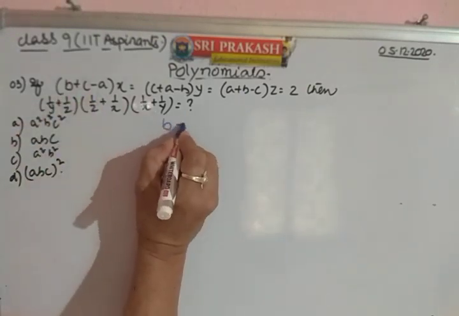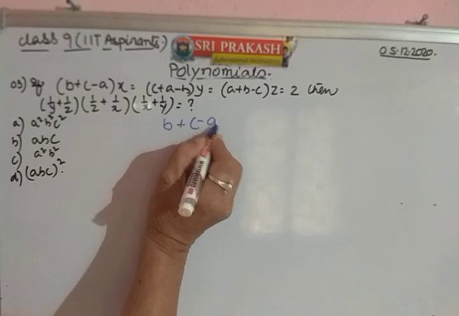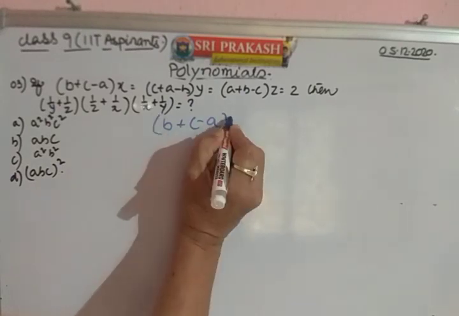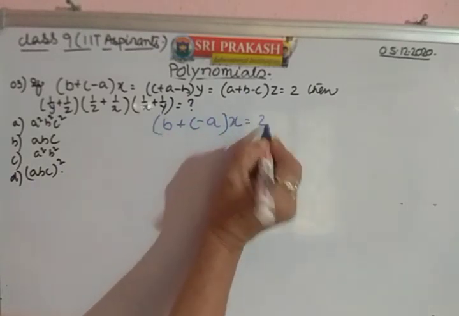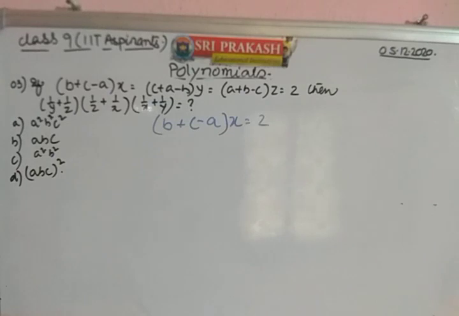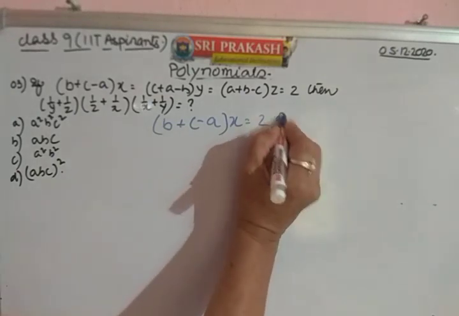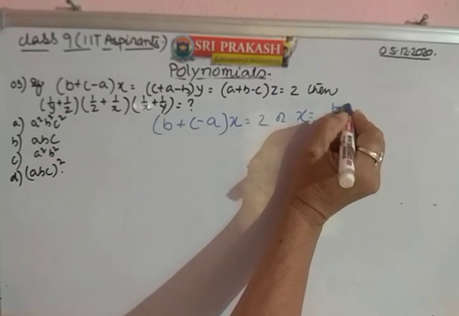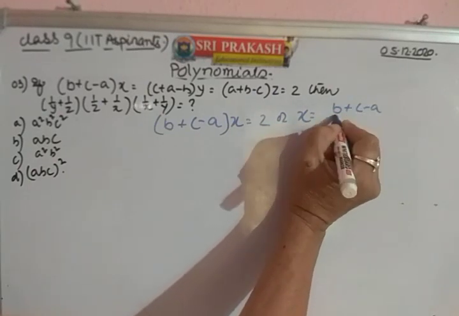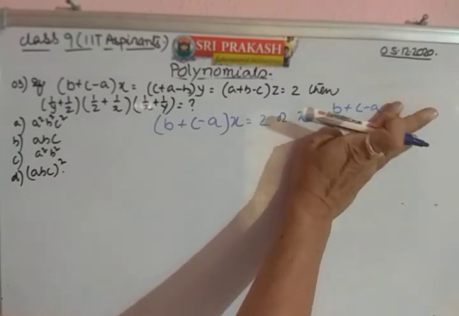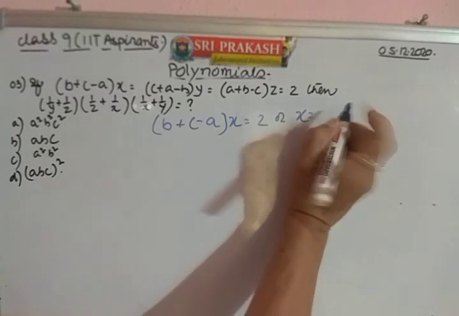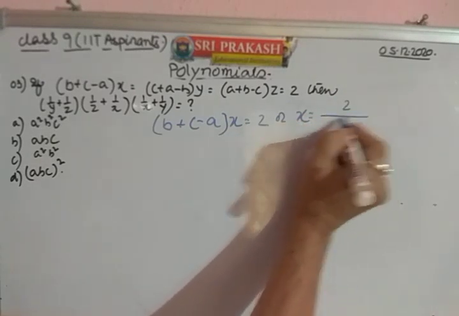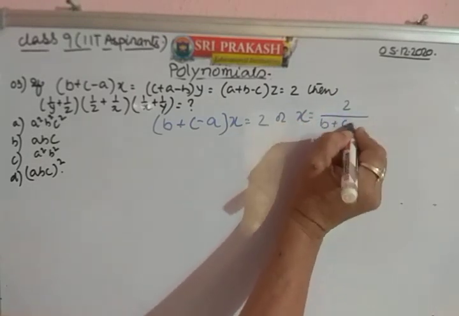What is given? B plus c minus a into x is equal to 2, or x is equal to 2 by b plus c minus a.